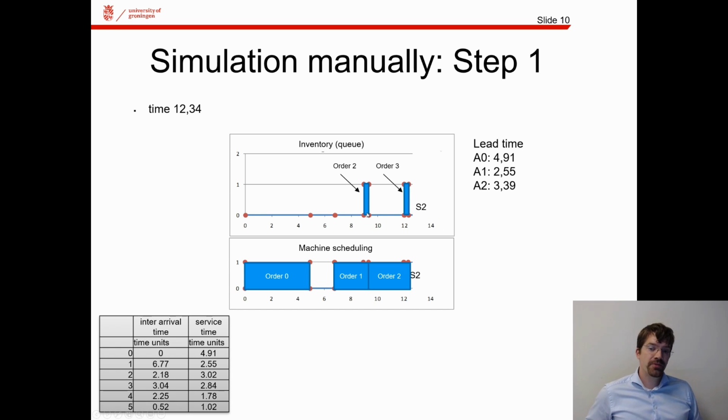That means if we generate queuing time, then the lead time increases and will be greater than the service or processing time. Here you can of course see already the waiting time for order 3, because this order 3 is now released to the machine.